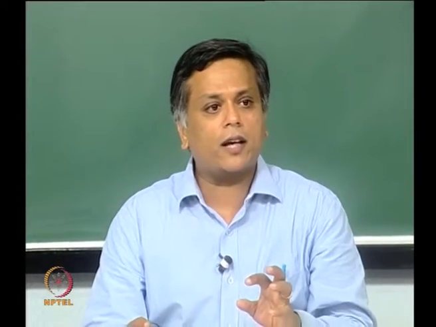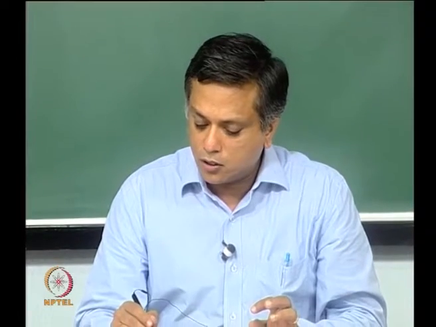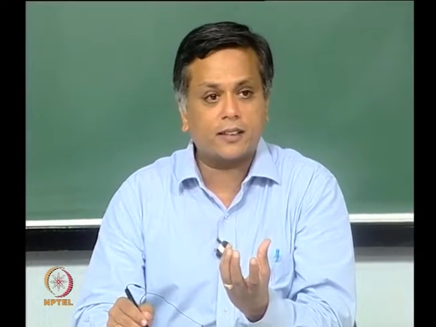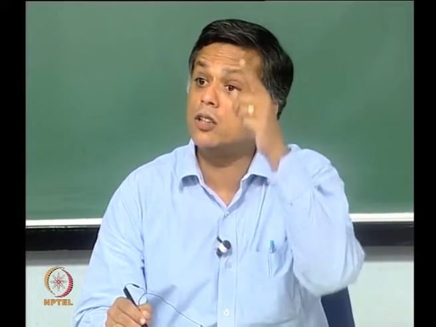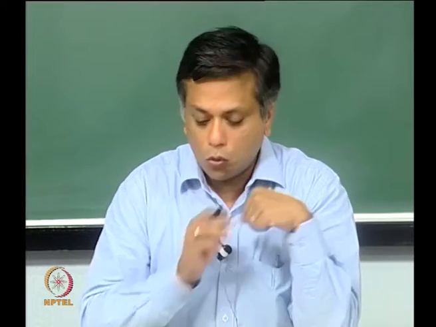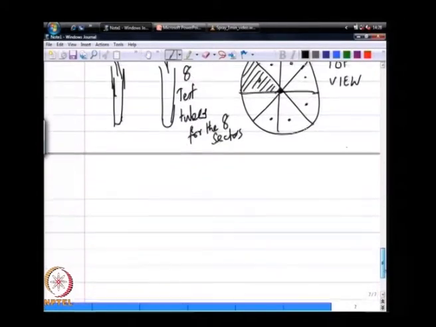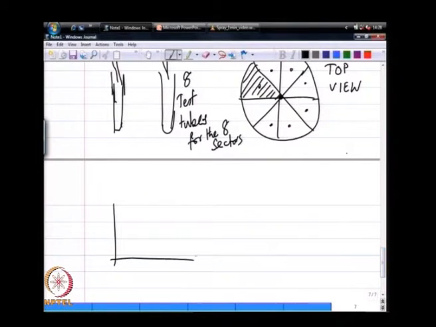So, if I now take the sector patternator, and align it and misalign it slightly with the nozzle geometry center line, what sort of a volume flux will I expect? If I take the volume flux and plot it as a function of phi, I am expecting it to be a dead straight line if it is a perfectly ideal spray.